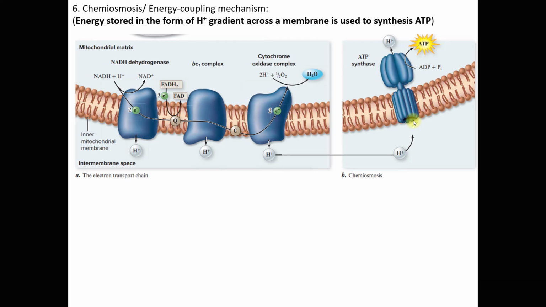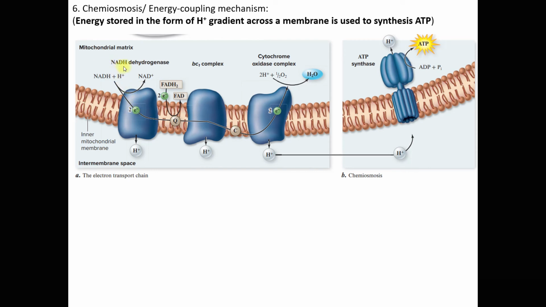So class, before we proceed with this chemiosmosis, if you are wondering where the protons being pumped by complex 3 and 4 of the electron transport chain come from, those protons are from the mitochondrial matrix. Only complex 1 pumps out the protons that it received from the NADH.